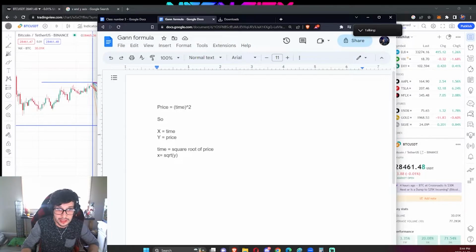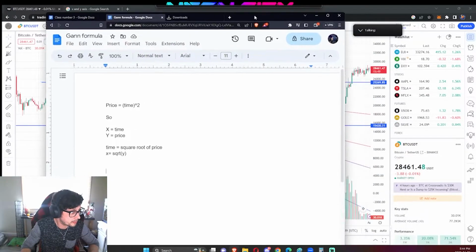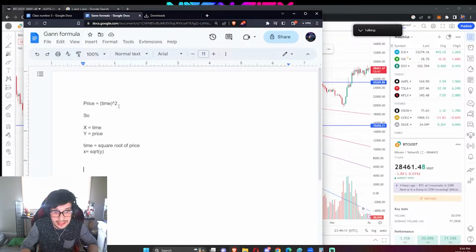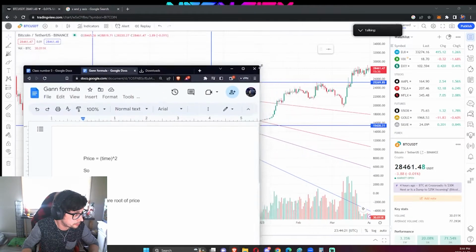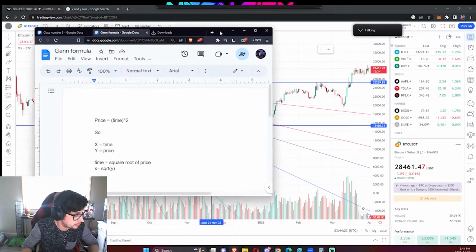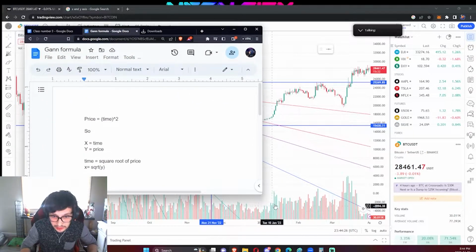So here's our formula, guys. He said price equals time squared. So if X equals time, if you look at the bottom, this is our time, right?